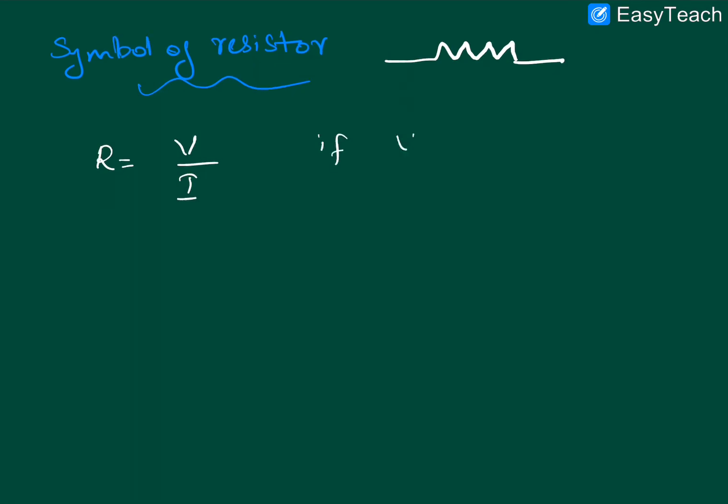If V is equal to 1 volt and I is equal to 1 ampere, then R will be equal to 1 ohm, isn't it? You can write it in symbol terms also. So what is the definition for 1 ohm?